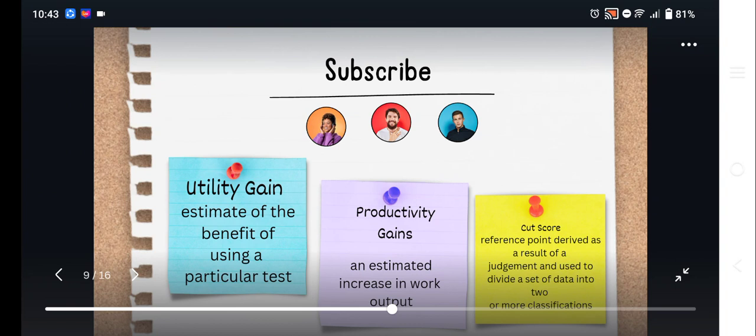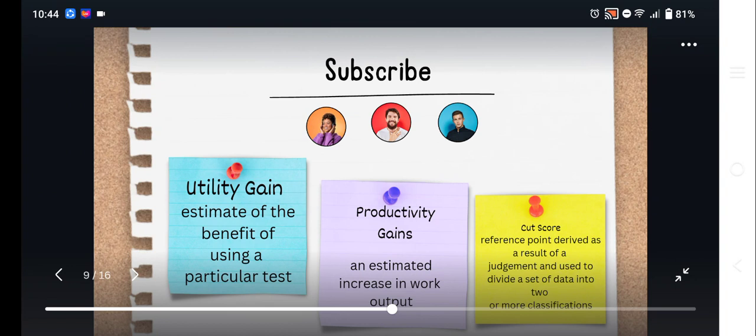Okay? We have also a fixed or absolute cut score. This is typically set with reference to a judgment concerning a minimum level of proficiency required to be included in a particular classification based on a criterion. Okay?